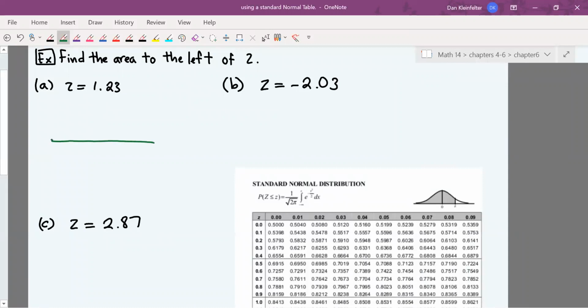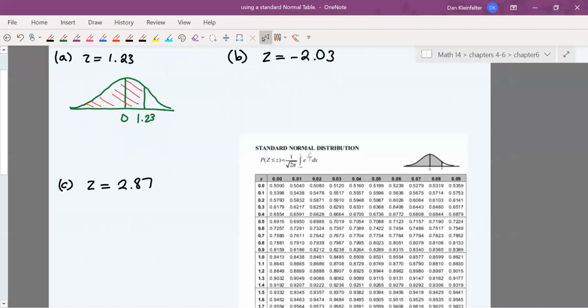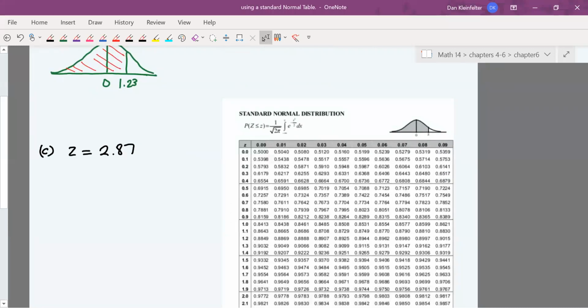So again, we'll start by making a little sketch. 1.23 is to the right of 0. So we're looking at this for our area. Again, looking at our standard normal table, we have 1.2 for the whole number and tenths digit.